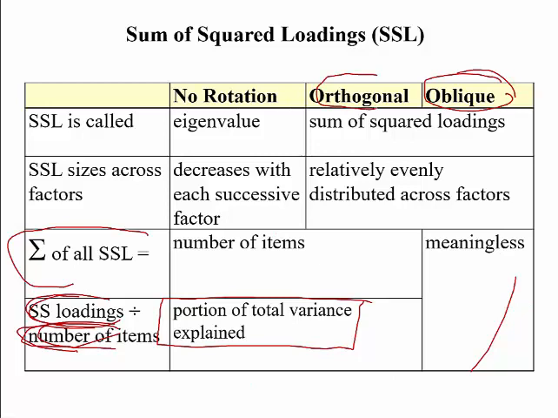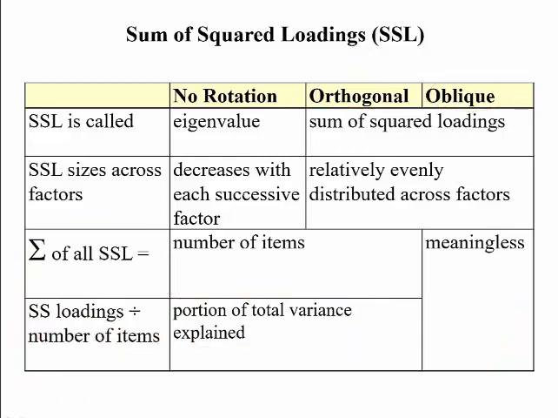That still would give me meaningful information. With oblique rotation, that no longer gives me meaningful information. So that is comparing what happens to our sum of squared loadings if I do no rotation, orthogonal rotation, or oblique rotation, and seeing how we interpret the sum of the squared loadings differently depending on what type of rotation we're doing.